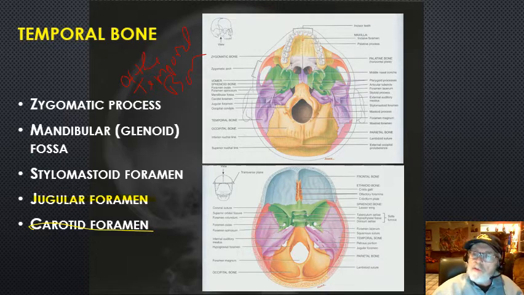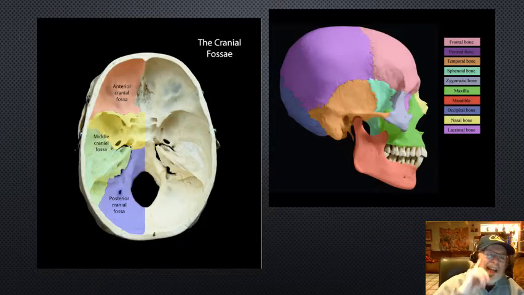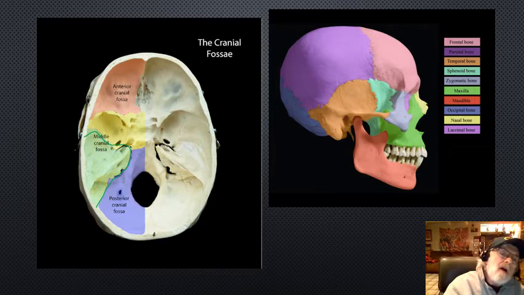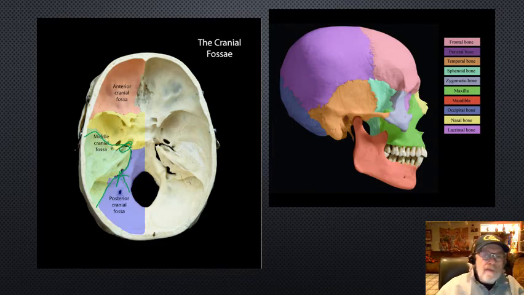Let me get rid of that and you can see that. Okay, let me show you what it looks like on a bone. Okay, this is looking on the inside of the skull. I've taken off the top, and everything in green here will be the temporal bone. Right here would be the area of the jugular foramen, and then right here would be the area of the carotid canal, or the carotid foramen, or foramen lacerum, whichever one you want to say.